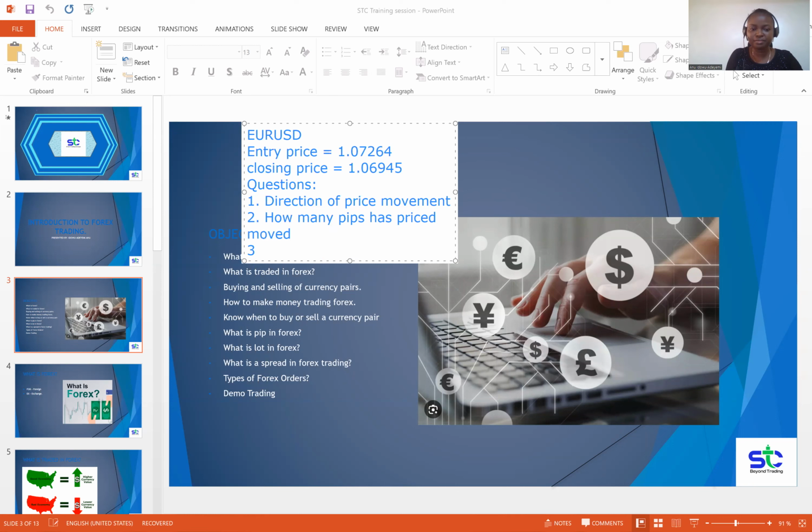Question 3: if I use a micro lot of 0.04, how much in dollars did I make?